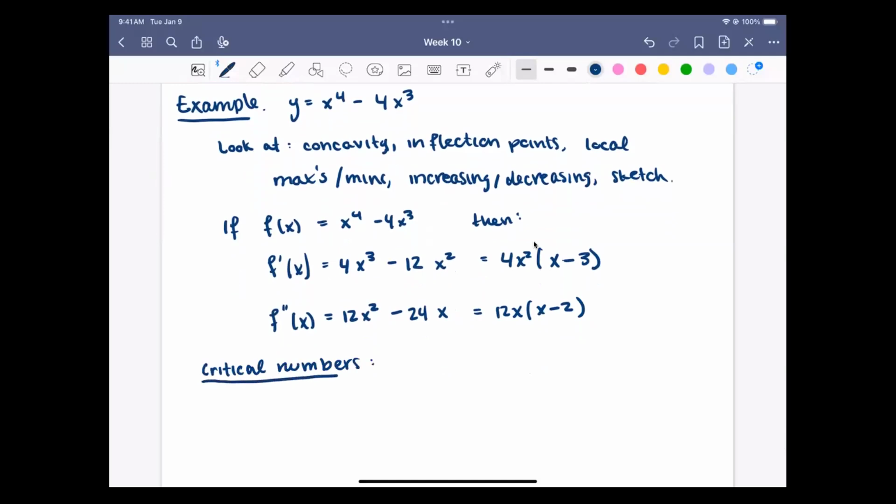Because the x minus 3, when you set that equal to 0, you get 3, and then when you set the 4x squared equal to 0, you get 0. Yeah, so the critical numbers are just wherever f prime of x is equal to 0. And so we get that that's when x is 0 or x is 3.